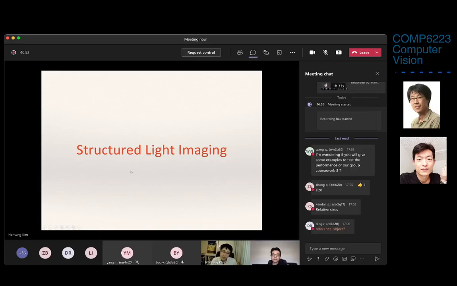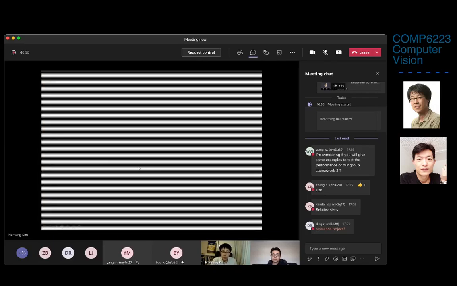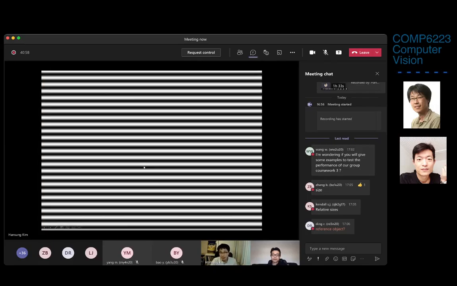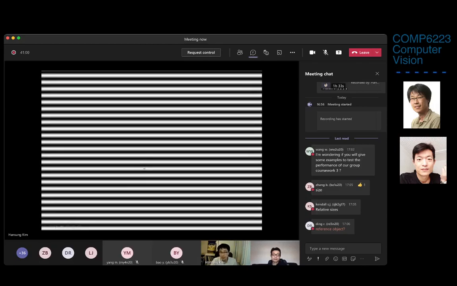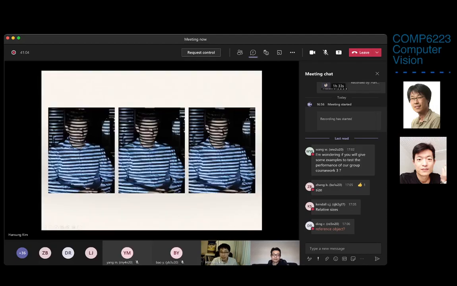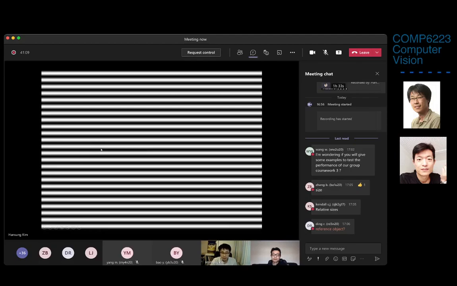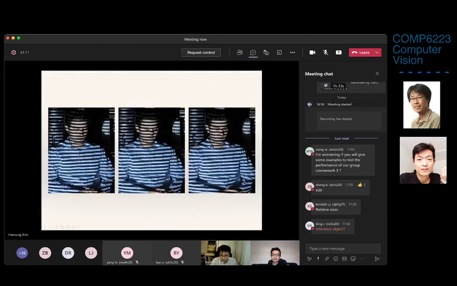The first one is a kind of structured light imaging. You project a lighting pattern on the scene, and then you can get this kind of images, right? They were originally straight lines, but here they have some curvatures. They are slightly bent, or they have some discontinuities, right?